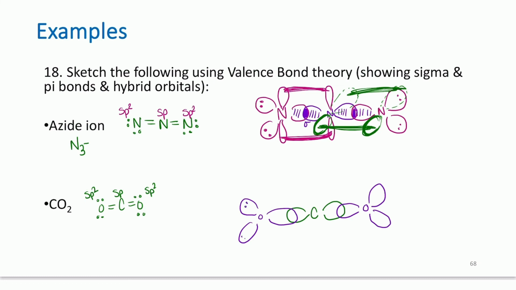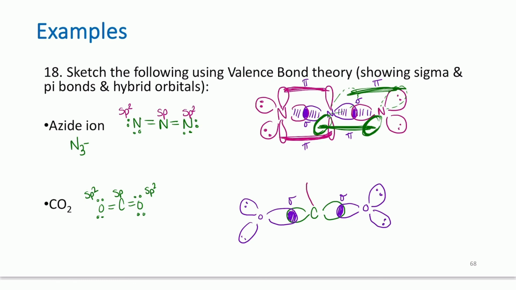So each oxygen has lone pairs, and then a sigma bond to the carbon. I have to specify that's a pi bond, that's the other half of the pi bond. Pi bond, the other half of the pi bond, and that is a sigma bond in the center. So, just like we saw in the N3 minus ion, we see this for CO2 as well.